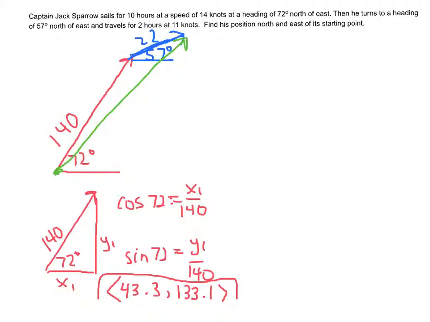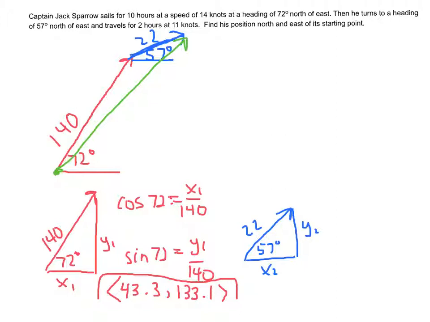So let's look at the second part of his journey, and that was a 57 degree angle, and it was for 22 nautical miles. So let's find the x and y component of this vector.